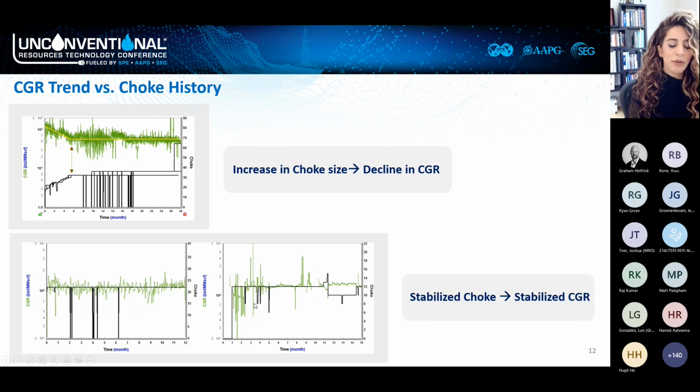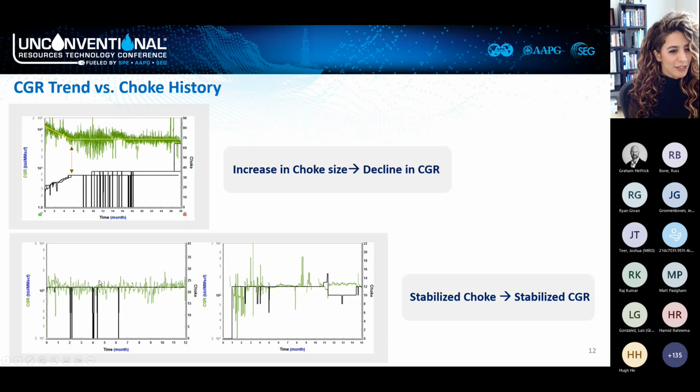So these 2 wells down here are also from Eagle Ford. They come from 2 very different areas. They have different completion designs, and they come from different degrees of drawdown. This one is coming from a constant size of 22 for choke, and this one is coming from a constant size of 12 for choke, and they come from different degrees of richness for the fluid composition.